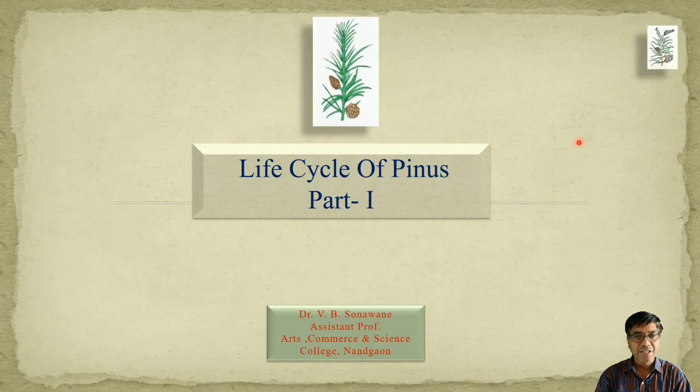In the last two lectures, we have studied the general characters of gymnosperms and the classification of gymnosperms. Today we see the life cycle of Pinus, part one. The subtopics are occurrence and distribution, and external morphology of Pinus, that is the root, stem and leaves.